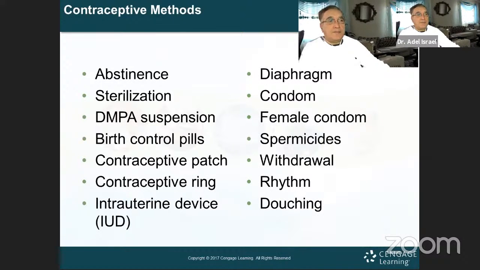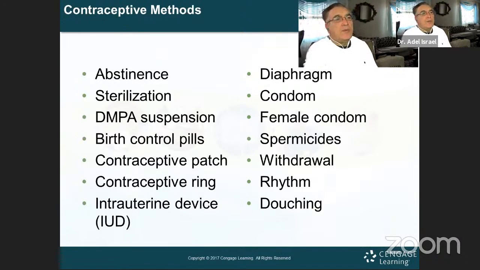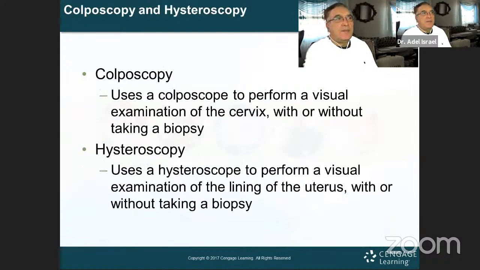And we have withdrawal and dosing. Withdrawal is also another technique, but it is not successful at all. And dosing is also another technique, but it is also not 100% guaranteed. So all of these are ways of contraception.